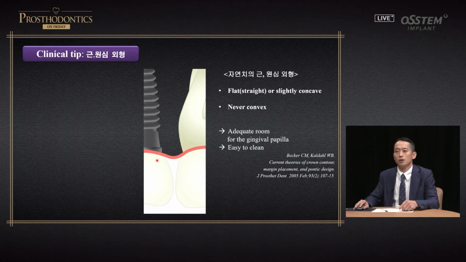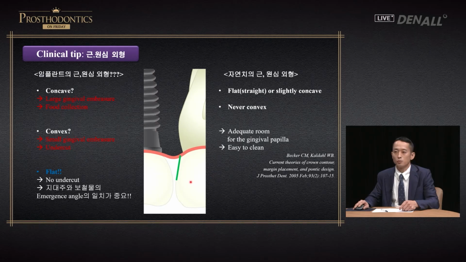There is a consensus on natural teeth, but there's not much regarding implant. In the case of natural teeth, the mesiodistal contour is flat or slightly concave. It's never convex. How about the implant? The size of implant body is smaller than that of natural tooth's root trunk.